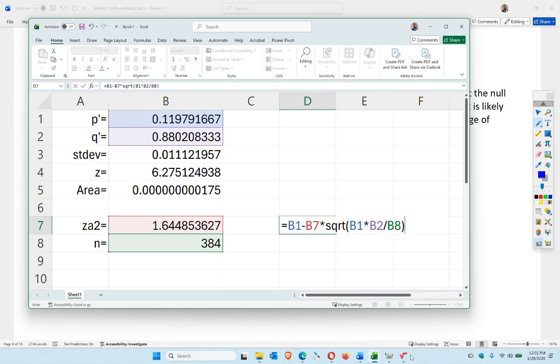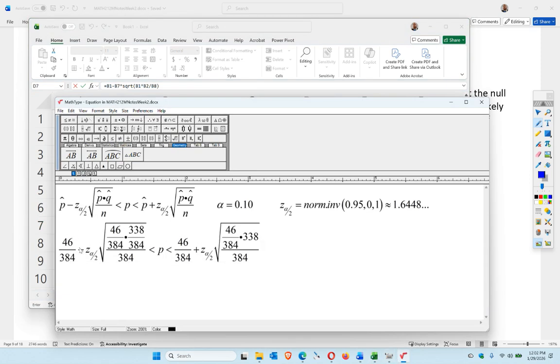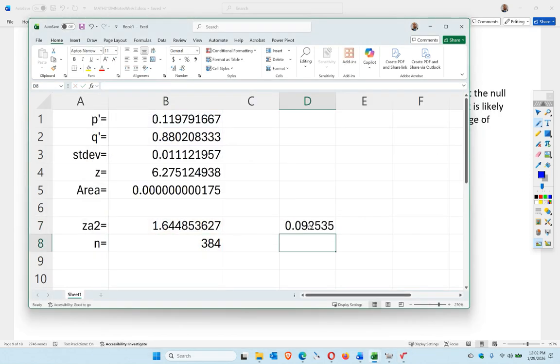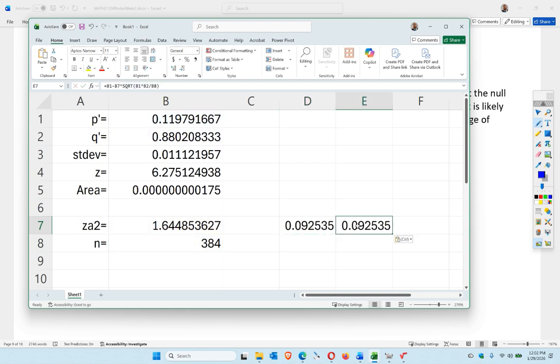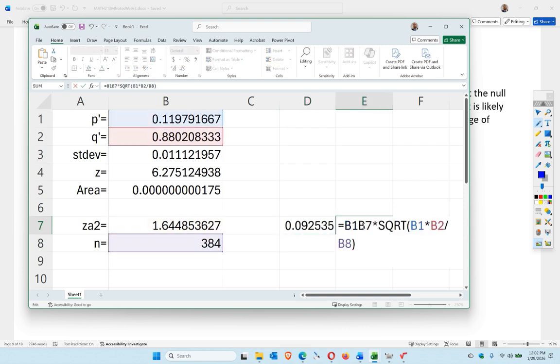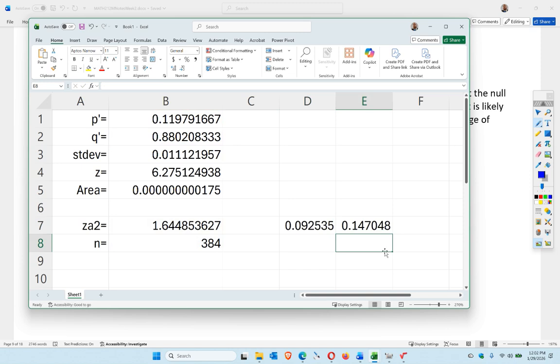So you look at the formula again. You have the P, which I put in first, minus the Z times the square root of P times Q over the N. So I'm going to copy this, paste it in this box and change that to a plus. Because it's the sample plus or minus the margin of error, so it's above and below, right? So those are our numbers there. Okay, so let's go back and write those down now.